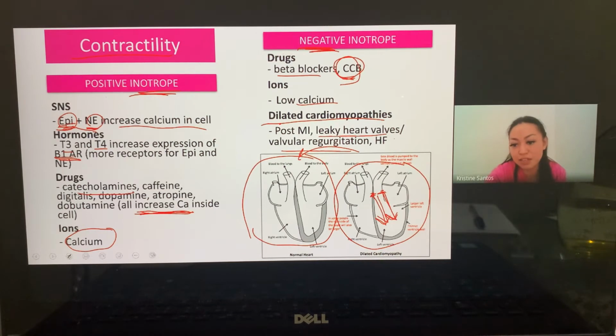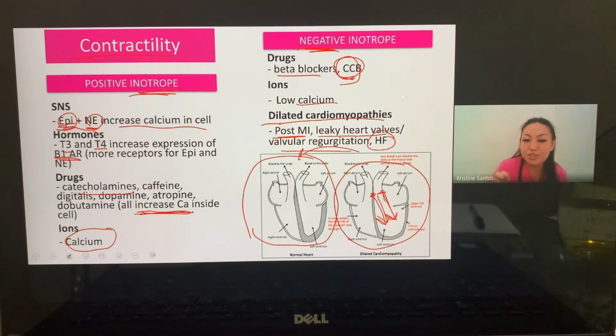So this happens in heart failure, congestive heart failure, that is, and post-MI. Also post-MI, because scar tissue, I told you, doesn't stretch out so well, right? That's why we will have decreased preload if we have a patient who had a myocardial infarction in the past. But at the same time, scar tissue isn't contractile as well. Scar tissue doesn't contract.